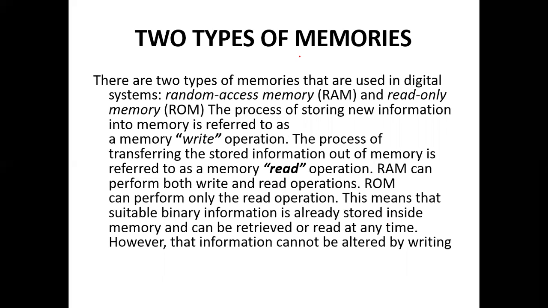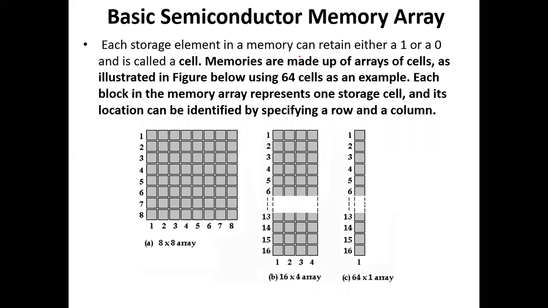The process of transferring the stored information out of memory is referred to as the read operation. RAM can perform both read and write operations. ROM can perform only the read operation. This means that binary information is already stored inside the memory and can be retrieved or read at any time. However, that information cannot be altered by writing.